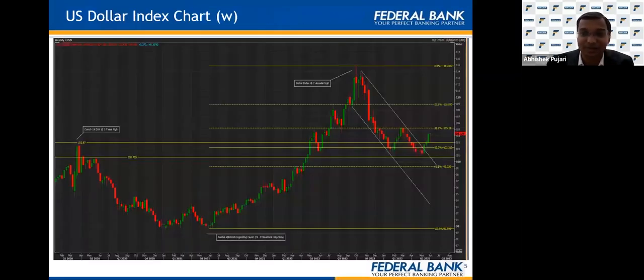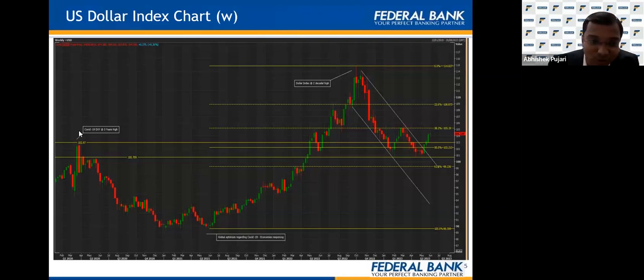Now this is quite interesting. We'll look at the chart of the dollar index over here. This particular chart of the dollar index is from Q1 of 2020, covering almost 3 years. During the time of COVID, it peaked at 103 levels.